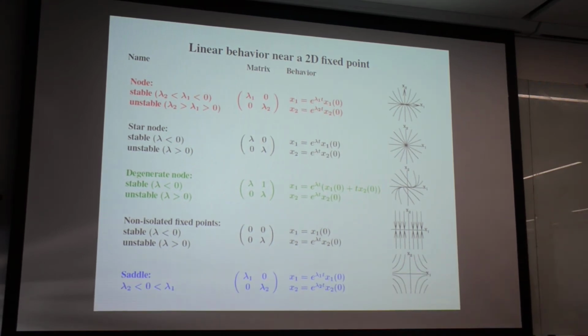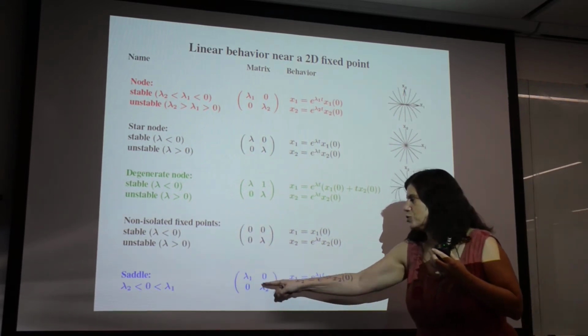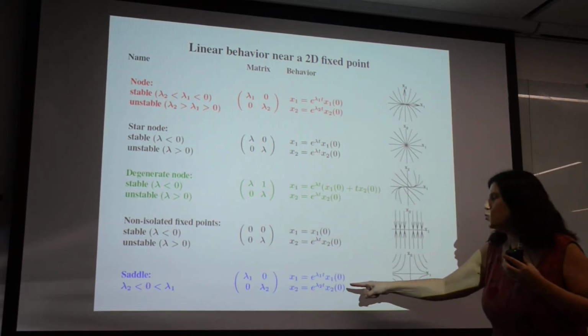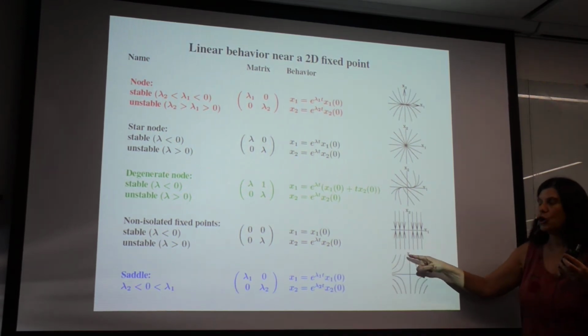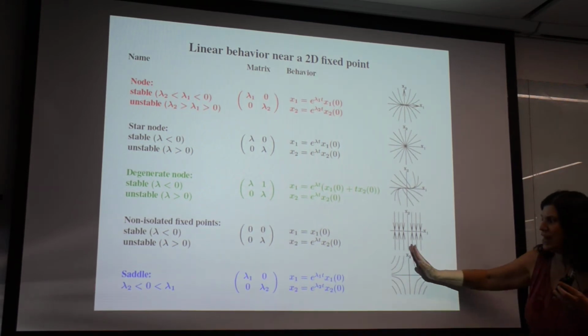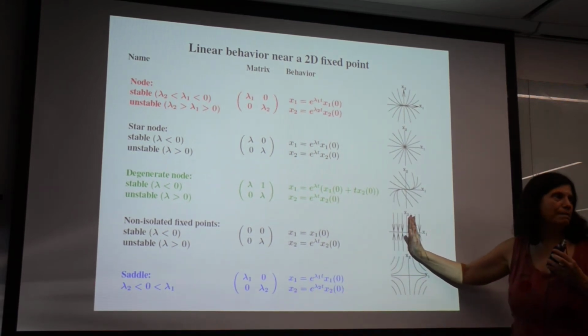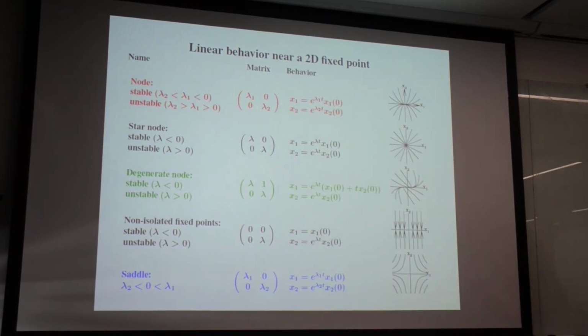Then there's a saddle, and we talked about that before. You have one stable and one unstable direction here. So you have exponential growth and decay, and those trajectories are hyperbolas. You have, say, decrease in x1 and increase in x2. All of these are real eigenvalues.